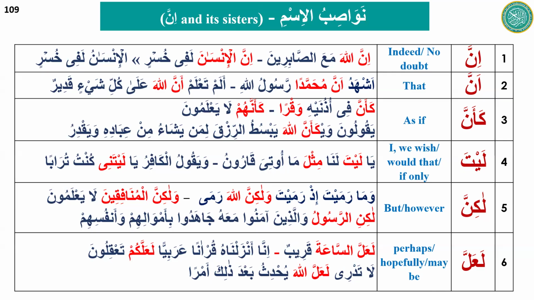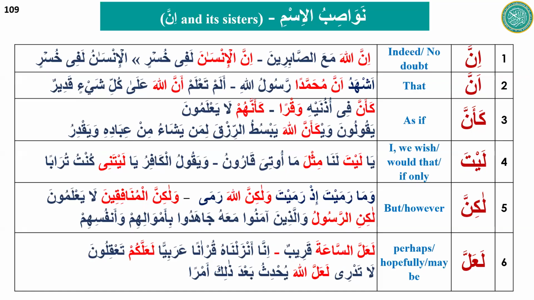No, it is not lakinna, is it? So this was a trick question. It is not lakinna, it is lakin. And because of the joining with ar-rasulu, it got a kasra: lakinir rasulu. So it's not nawasibul ism. That is why ar-rasulu remained ar-rasulu. It did not change to ar-rasula.